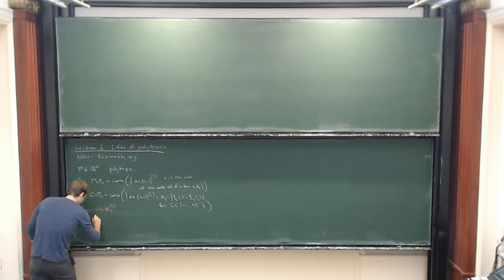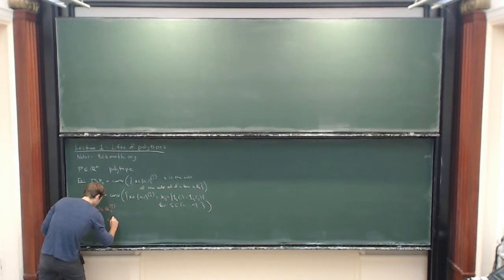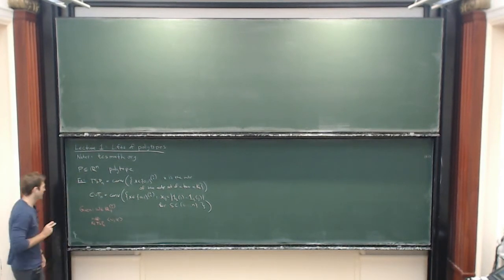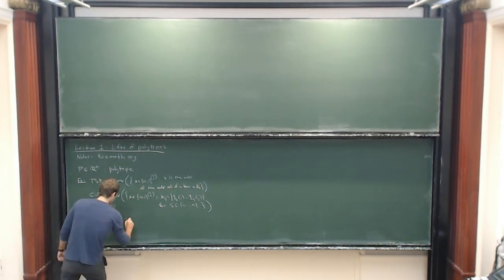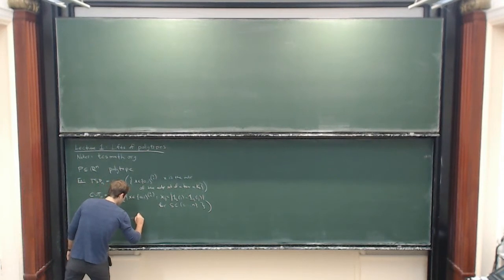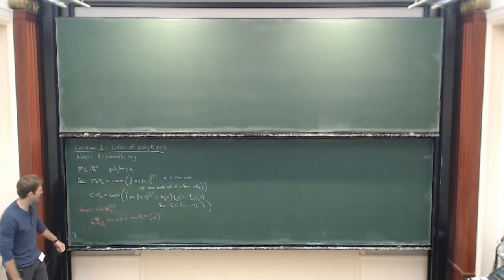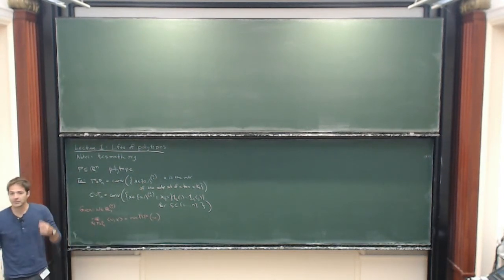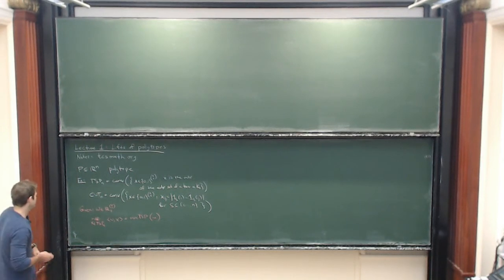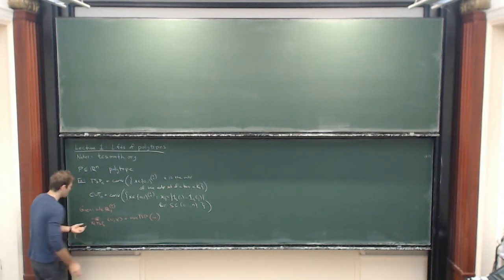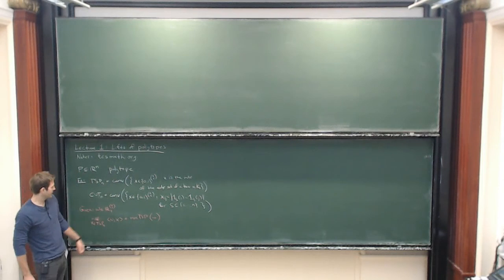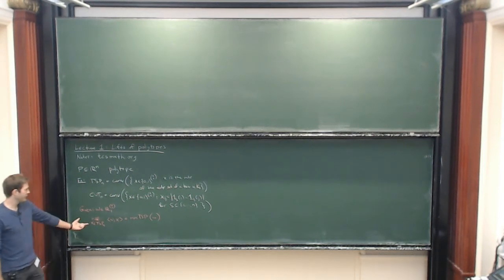For instance, if we look at this, this is just the min TSP value of W. You can figure out the cost of the lowest weight traveling salesman tour according to the edge weights given by W, just by solving this optimization.